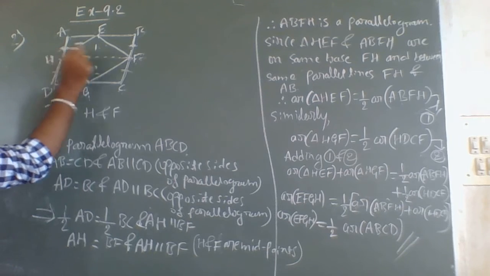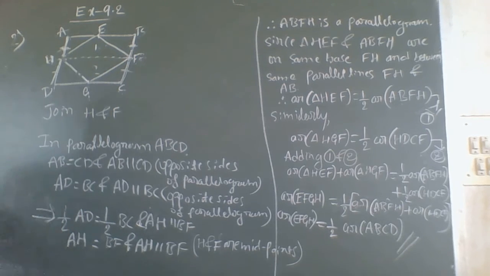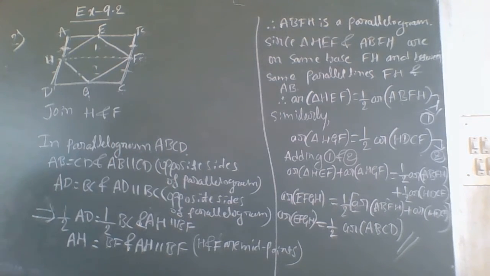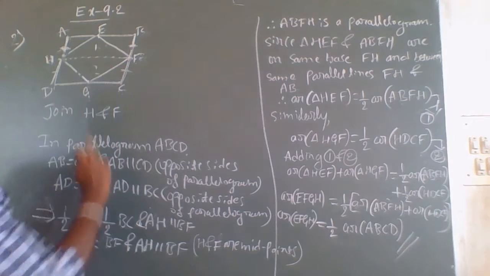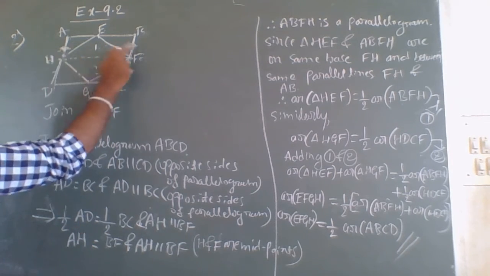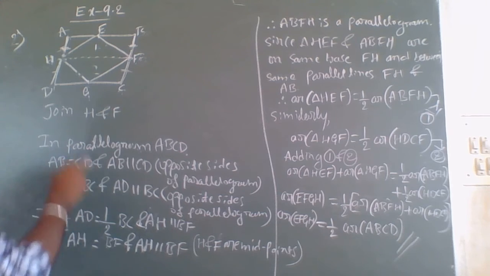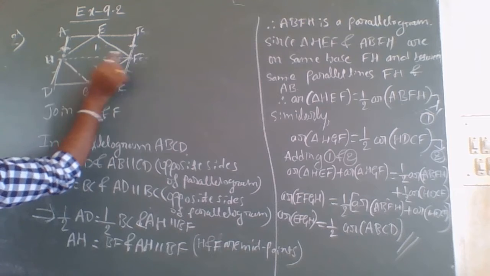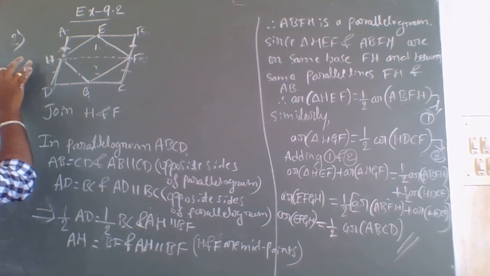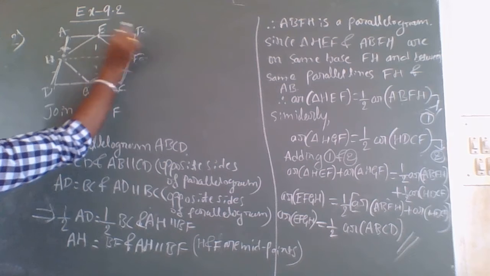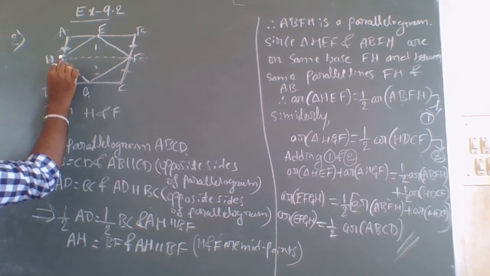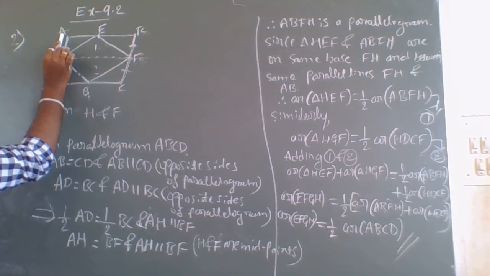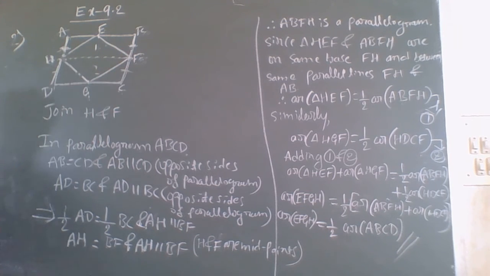Therefore, if these two are equal and parallel, ABFH is a parallelogram, because if one pair of opposite sides are equal and parallel, then it is a parallelogram. Now this ABFH and triangle HEF are on the same base FH and between the same parallel lines FH and AB. So the area of triangle HEF equals half of the area of parallelogram ABFH.